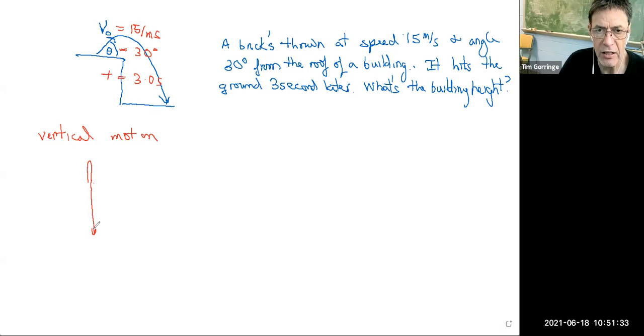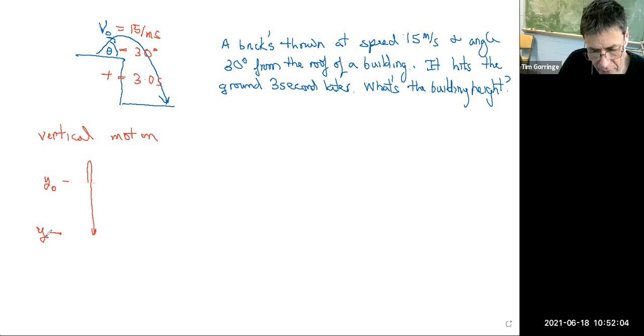Initially it's thrown upwards, but then it falls downwards. Its initial location is on the top of the chemistry physics building, and its final location is at the base of the chemistry physics building. So let me add a few things here. Y naught is the initial height, and Y is the final height. And the difference between those is the height of the chemistry physics building, the thing that we want to know.